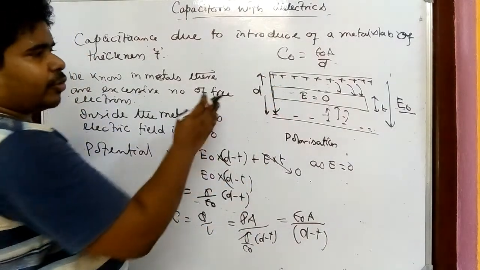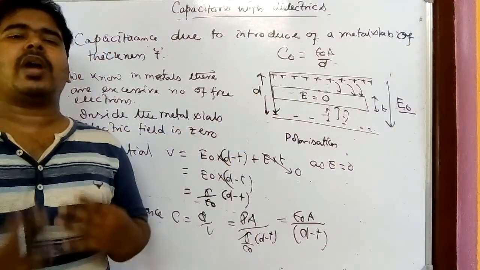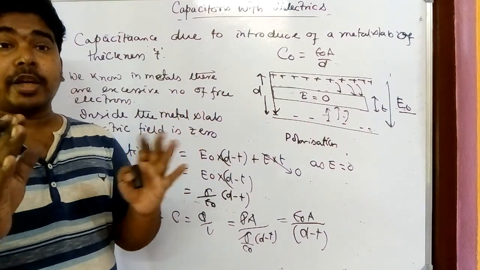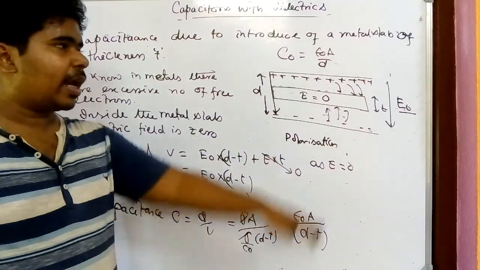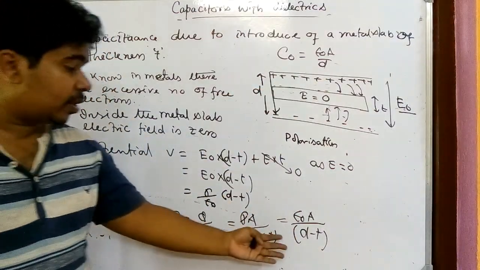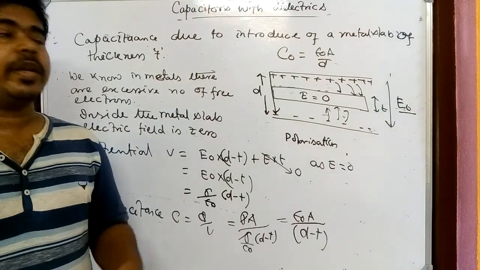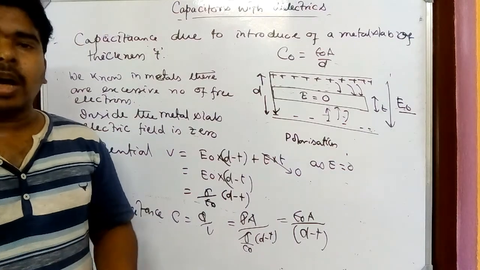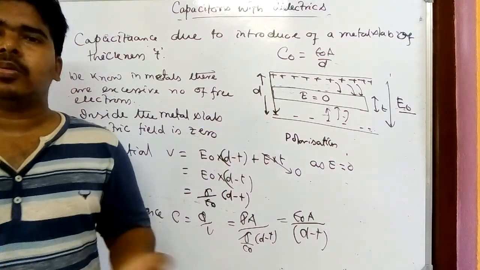But here, as we have introduced a metal plate, this metal plate acts like a communication between the two plates. Initially the capacitance may be more, but if you keep it like this for a certain time period, it will start losing charges, and after some time you will see there is no charge.